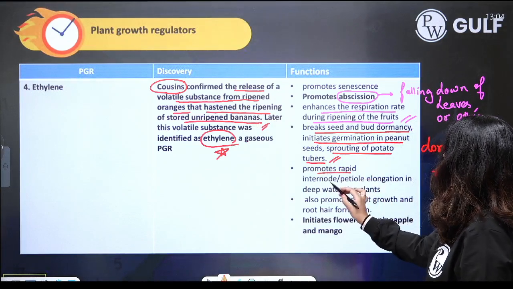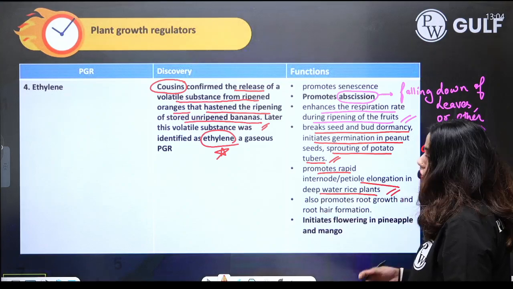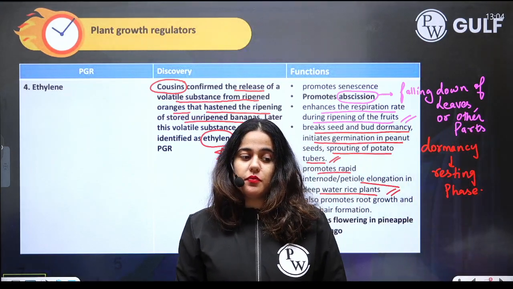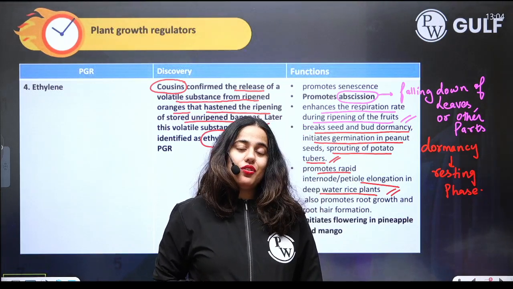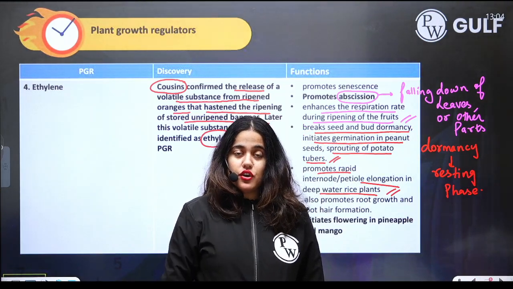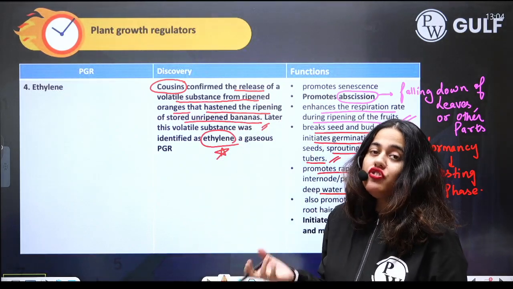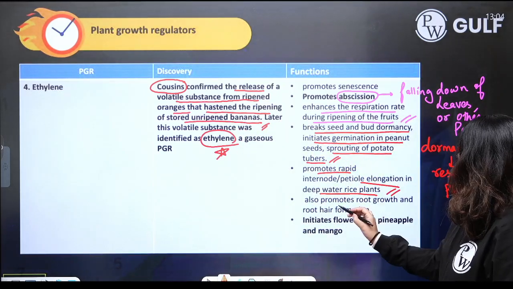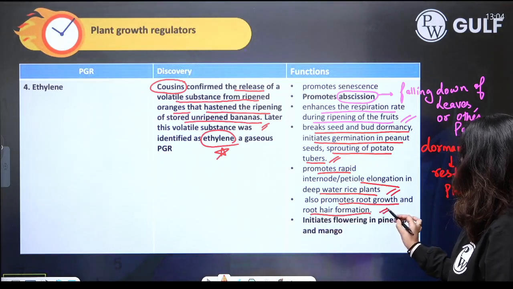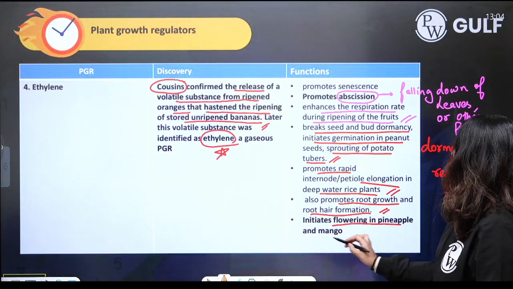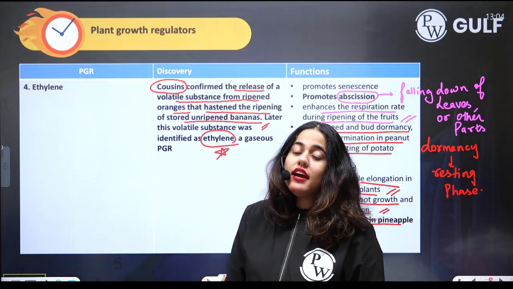They cause very rapid elongation in the deepwater rice plant, so that the rice plant comes out of the water rather than being submerged. That is achieved with the help of ethylene. It also promotes root formation and root hair formation, and it initiates flowering in pineapple and mango. Okay, so there are more functions.